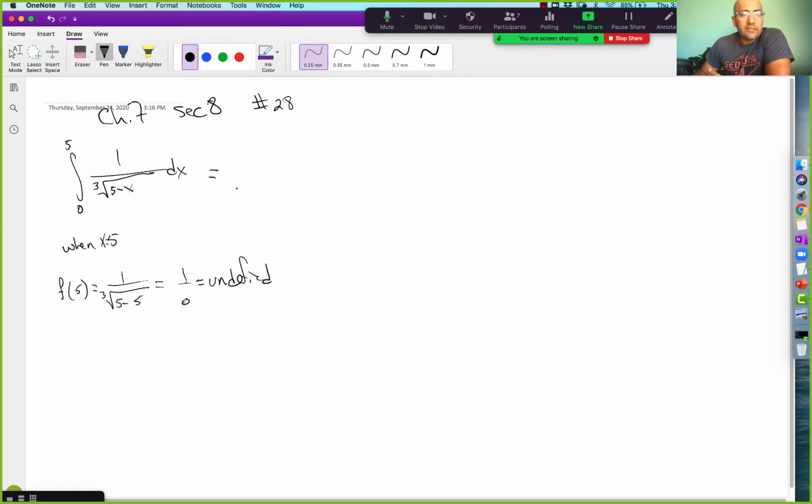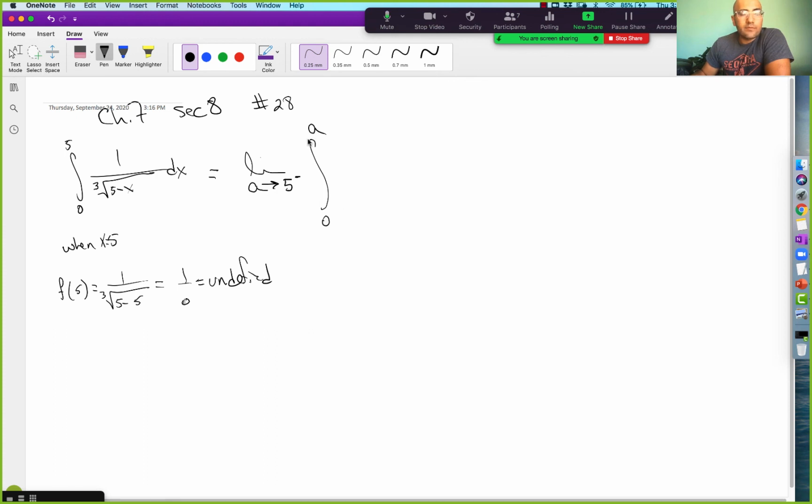So we're going to have to fix this by saying, all right, let's make it a limit. And how about A, B? How about B? The limit of B, and we want to integrate from 0 to, well, okay, the book likes to use A. Let's use A. The limit of A as A approaches 5 from the left-hand side.